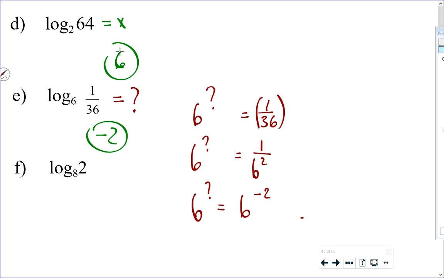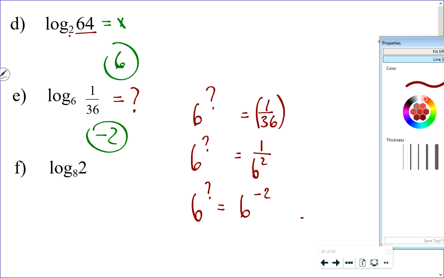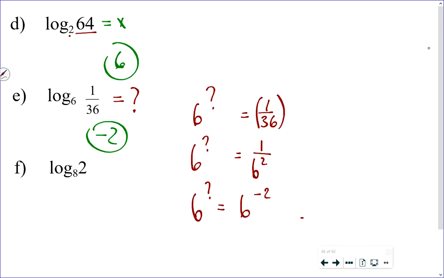And you're not always simply going to be able to say, to what exponent do I raise the base to get the argument, oh, 6. It's not always going to be that easy. For example, and I'm curious, Ashira, I'm going to stick with you. Do you know what log base 8 of 2 is? What is it? So it would be 8 raised to something equals 2, and that something would be 1 over 3.